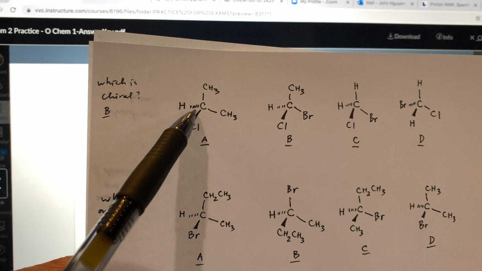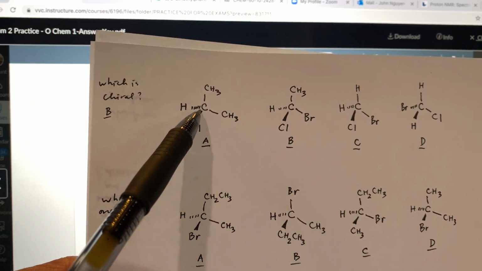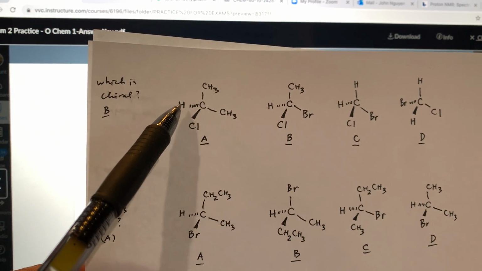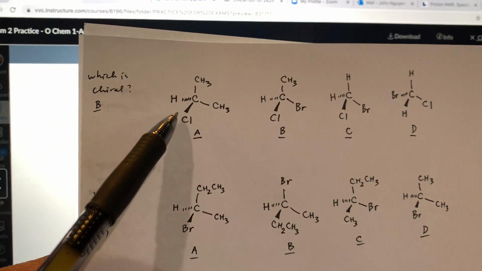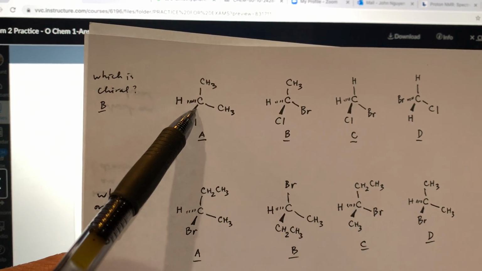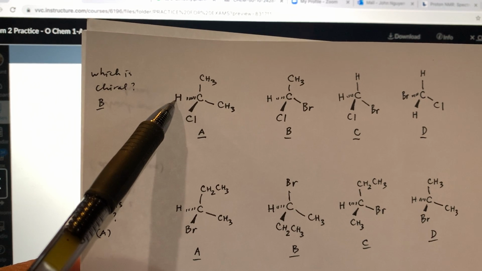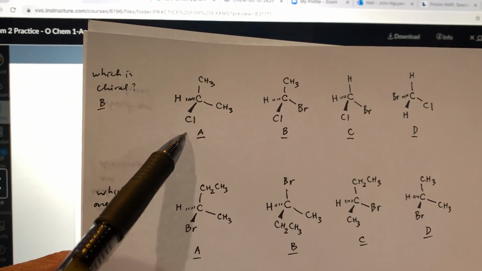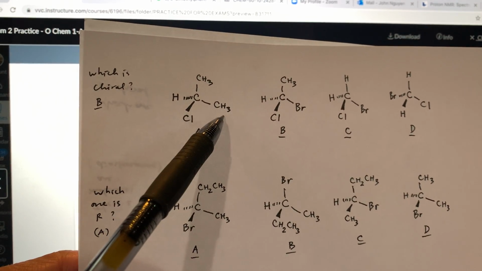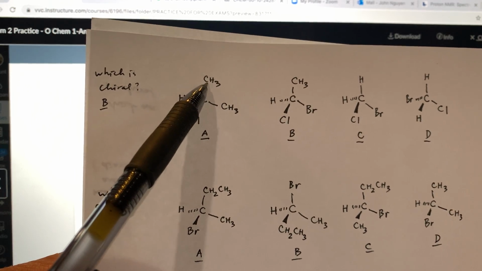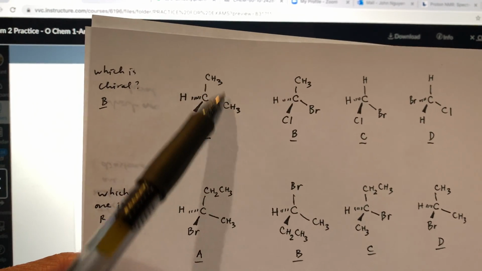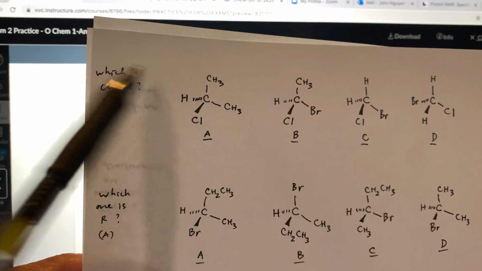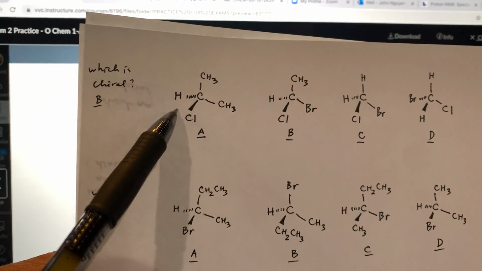It looks like this one has only one possible chiral carbon. You take a look at the four substituents bonded to that carbon. The first one is hydrogen. The second one is chlorine, and you see a methyl. But you've got another methyl. So the rule is if you have two identical substituents, then that carbon is not chiral. That means that molecule is not chiral.